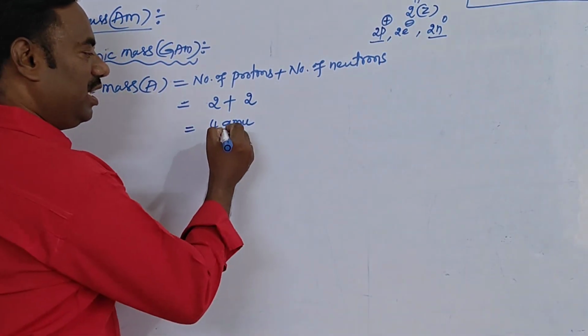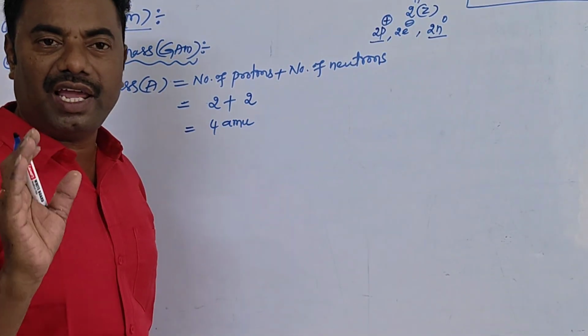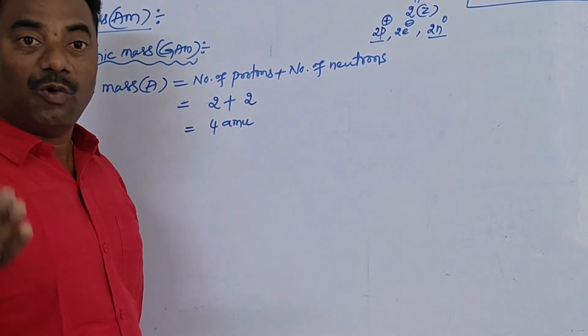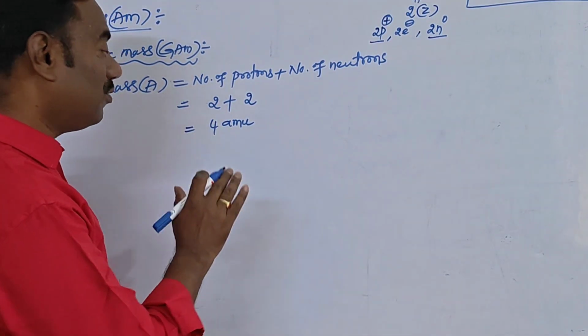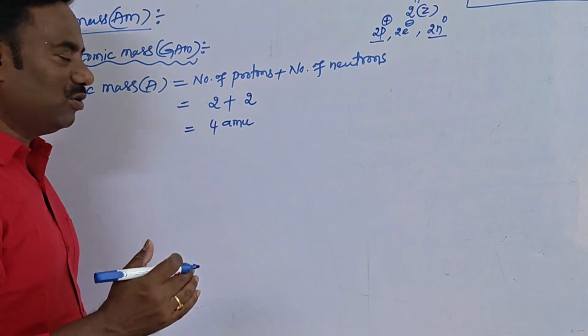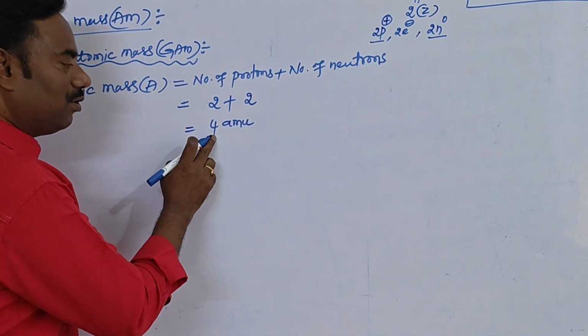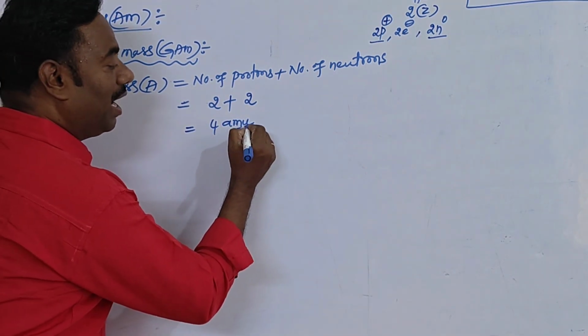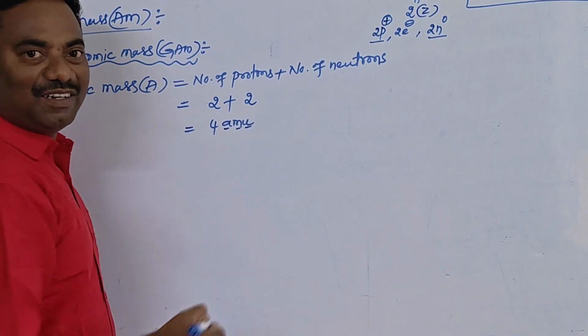AMU is not a unit like kilograms or grams. Why am I writing AMU beside that 4? Here I am saying this 4 is obtained by adding mass units which are present in atom.